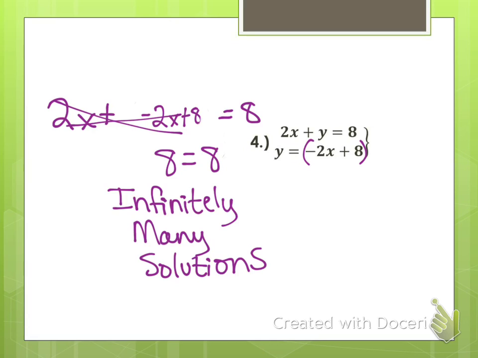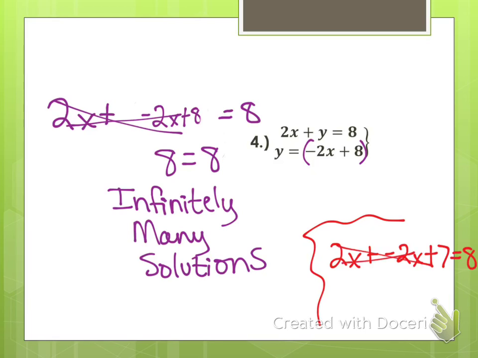Okay, if you were to end up with a false statement, so just as an example, off to the side, if we had 2x plus negative 2x plus 7 equals 8, and those x's went away, and we ended up with 7 equals 8, is that true?